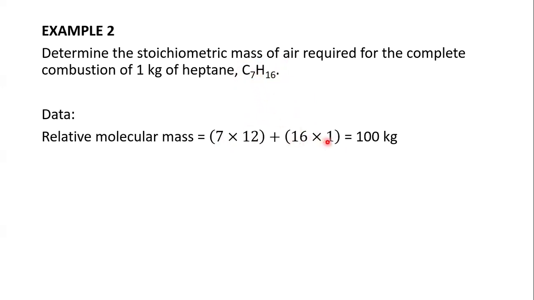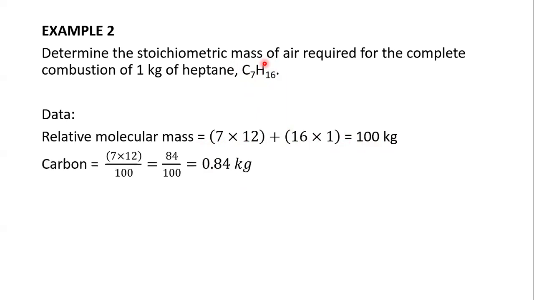So 16 times 1. So 7 times 12 plus 16 times 1. The end result, we have 100. Whatever number we get there, we leave it because we want the total so that we can review what percentage of carbon is here, what percentage of hydrogen is in this fuel. And that should be able to make our analysis matter as we go.